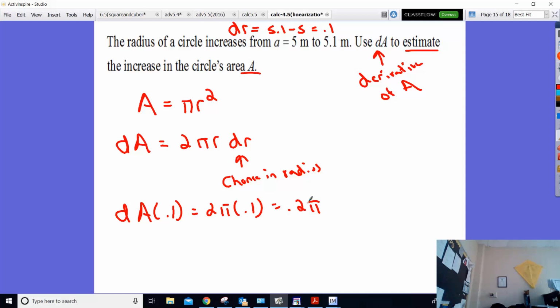It's actually really close. The actual area is going to be pi times 5.1 squared, which is, I don't remember off the top of my head, 26.015.